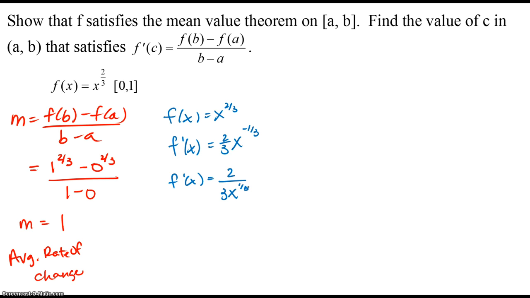So what we're looking for is, what is that c value, or the x value, that makes the slope and the derivative the same.